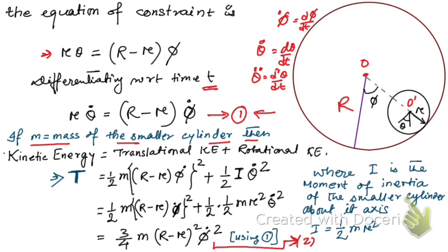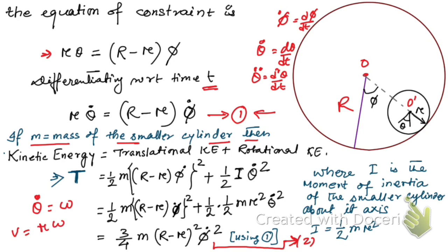For kinetic energy, there are two kinds: one is translational and another is rotational. Now we know that theta dot gives us the angular velocity, and the relation between linear velocity and angular velocity is r into omega.